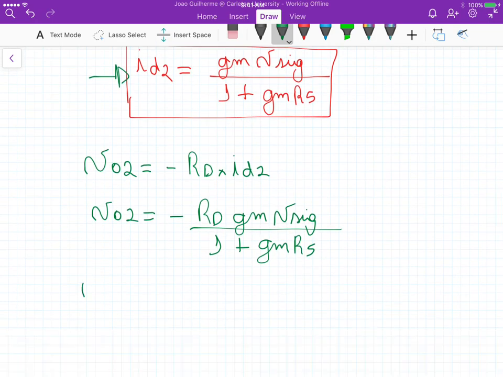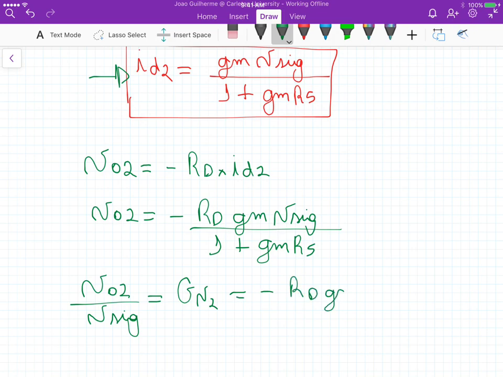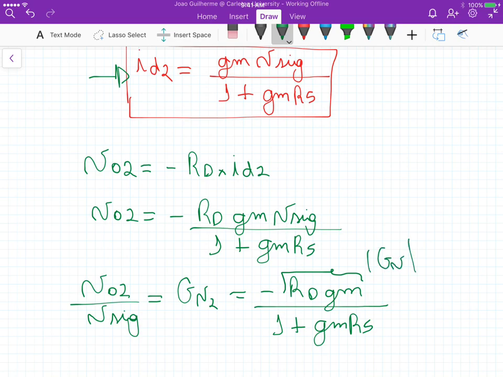Now if we isolate Vo2 over this signal, that is actually our new overall voltage gain. That's equal to minus RD gm divided by 1 plus gm Rs. Now if you remember, this term here is actually the magnitude of the previous overall voltage gain that we had.